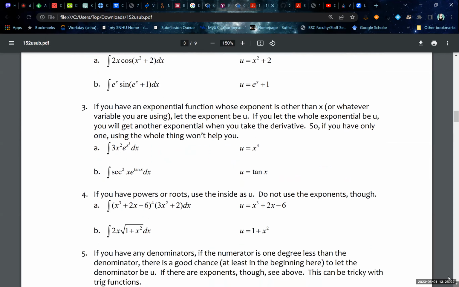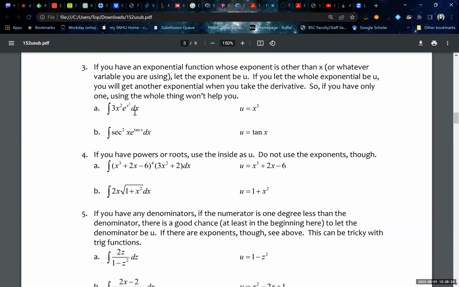If you have an exponential function, as we noted in our example earlier, it's the exponent that is considered the inside piece. And so substituting for that exponent is the thing to try. So if we have something complicated like secant squared x e to the tangent x, our substitution is tangent x. The derivative of that is secant squared x.